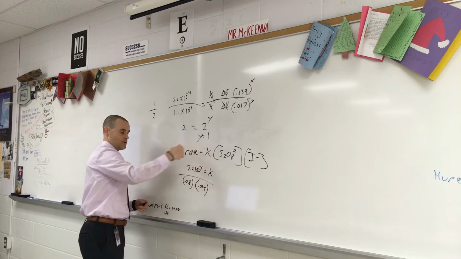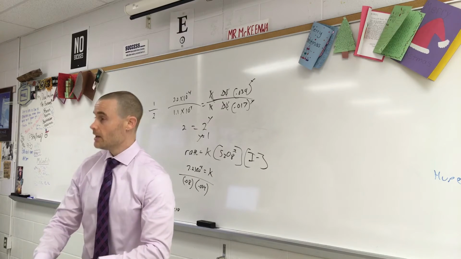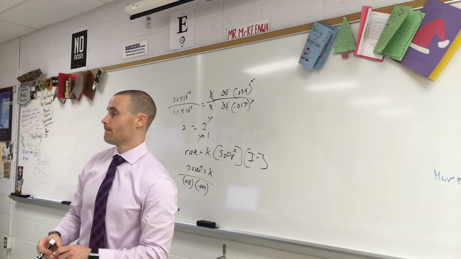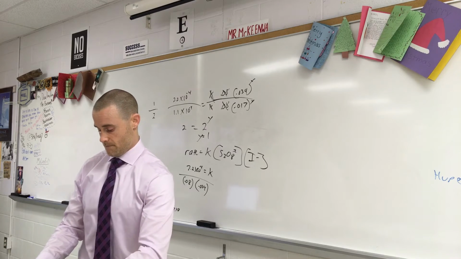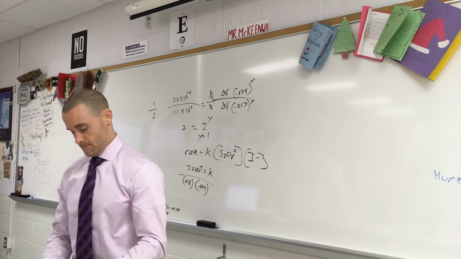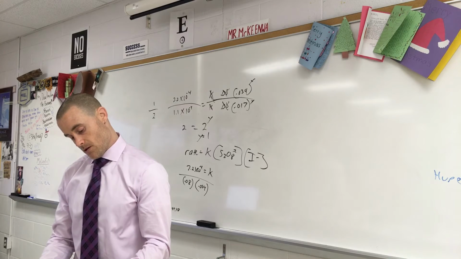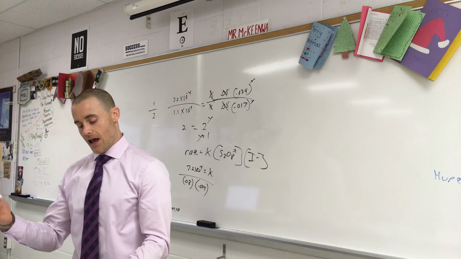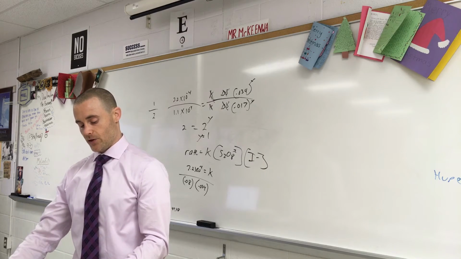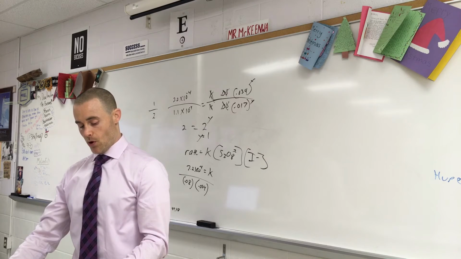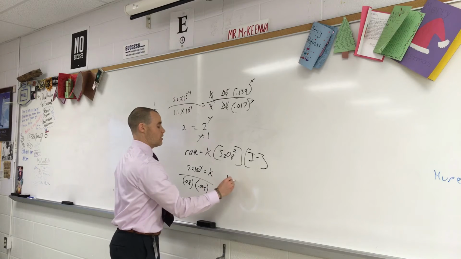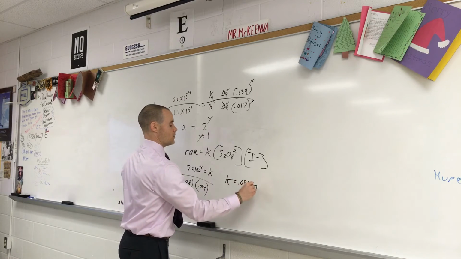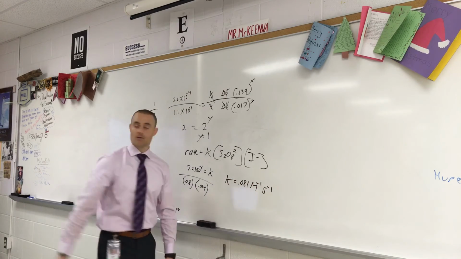So you do all this business, and the rate constant is, who got it? 0.8. Yeah, but they got 8.1 times 10 to the negative 2. So 0.081 they got. 0.081, and that's molarity minus 1, seconds minus 1.